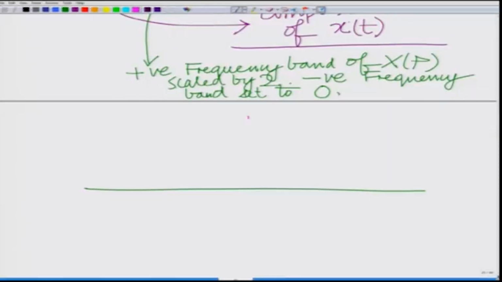This is my complex pre-envelope, sideband scaled by a factor of 2.